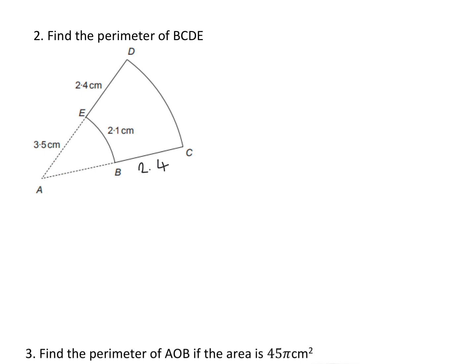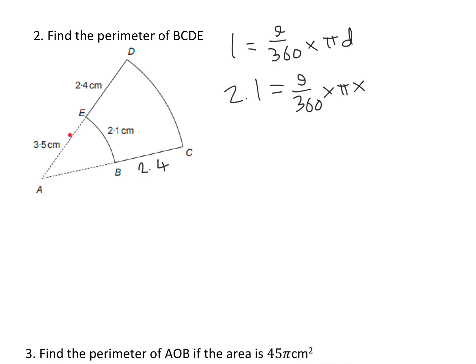So the formula for arc length, remember, is theta over 360 multiplied by pi d. In that example, L, the arc length, is going to be 2.1. Remember, we're looking at the smaller one, so that's its arc length. So that would be the angle divided by 360 multiplied by pi multiplied by the diameter.